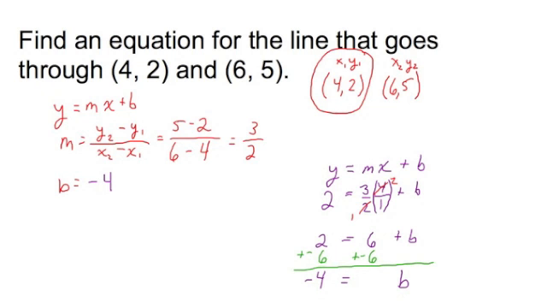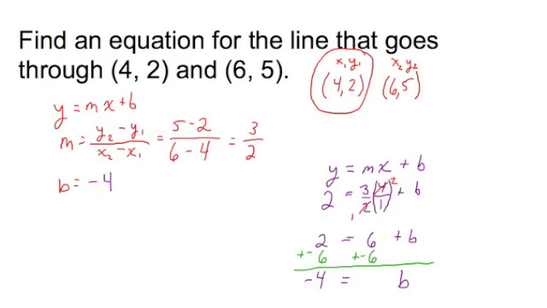So notice, in a problem such as this, where I was given neither a slope nor a y-intercept, I had to do some math to find both of them. In order to find the slope, I had to use the slope formula. In order to find the y-intercept, I had to use the same strategy I used in a previous lesson, using the slope that I already found, plus one of the points that was given to me to substitute and solve for b.